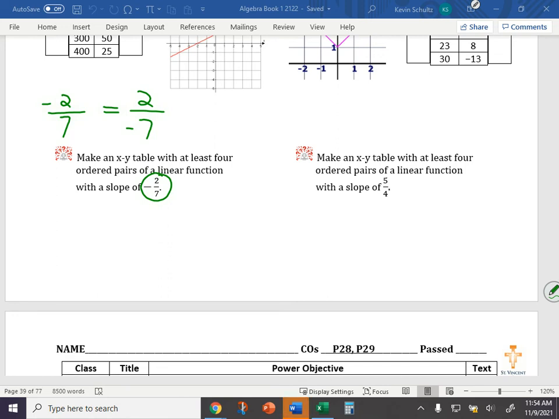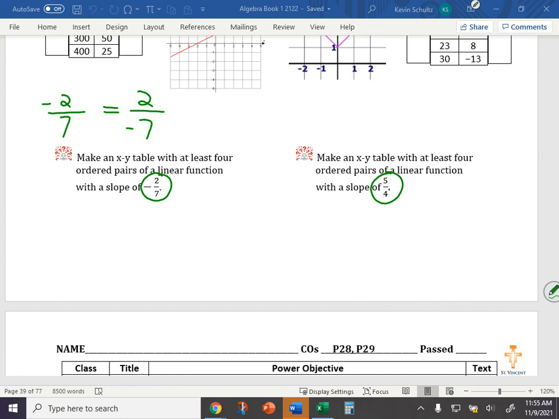For the next one, where you have to make your own with a slope of 5/4, what are your options? What's going up? What's going down here? If you want a positive slope of 5/4, what's going to be going up? What's going to be going down? Aiden.